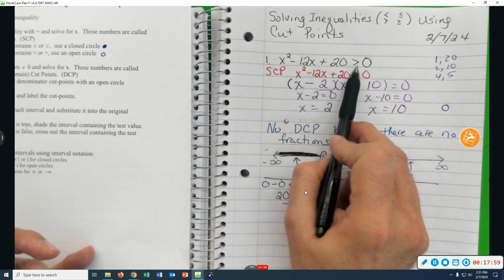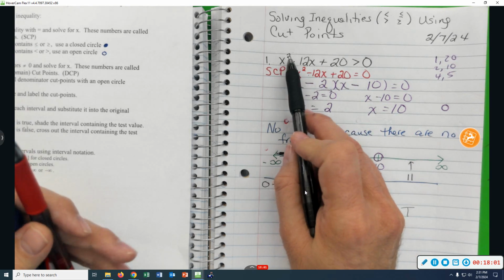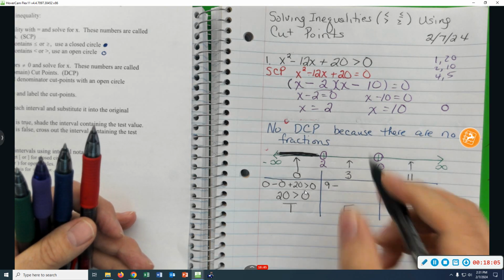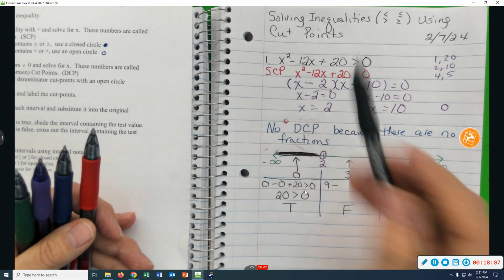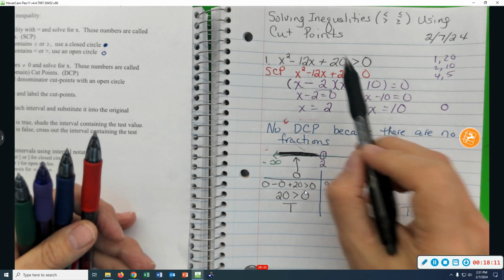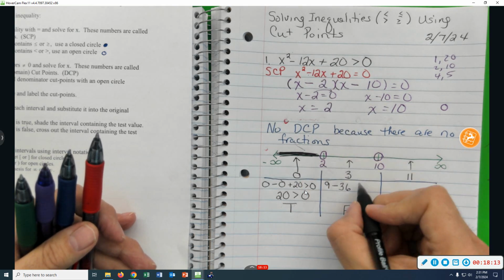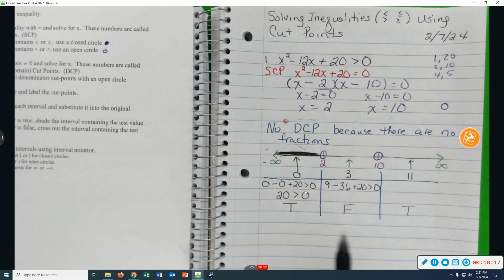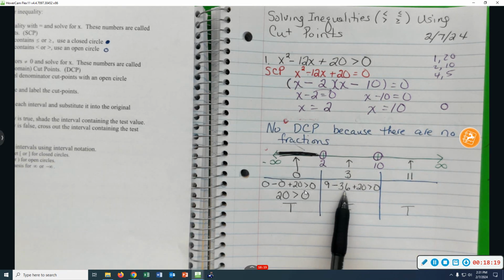So plug a 3 into the original statement, the one that has the greater than. 3 squared is 9 minus 12 times 3. Is that going to be 36? And then plus 20 is greater than 0. 9 minus 36 plus 20. Punch that into your calculator.